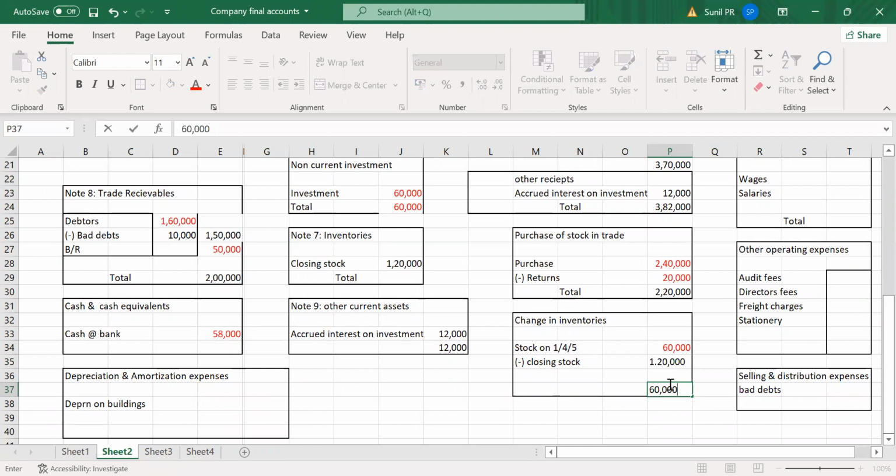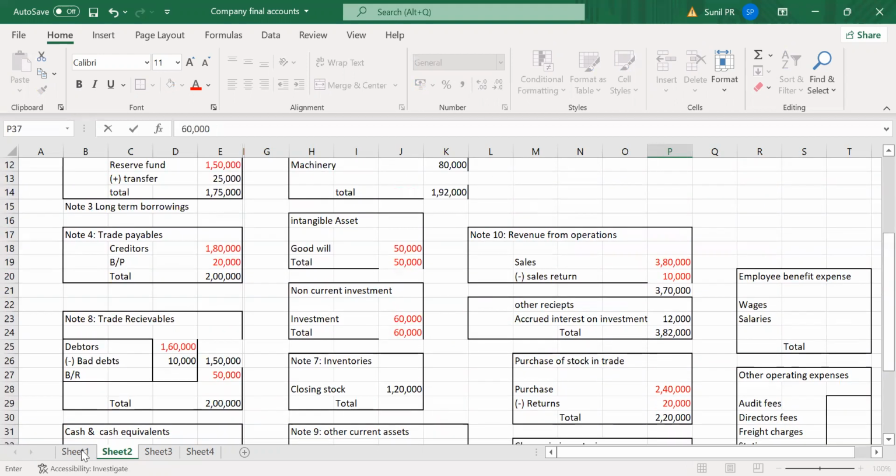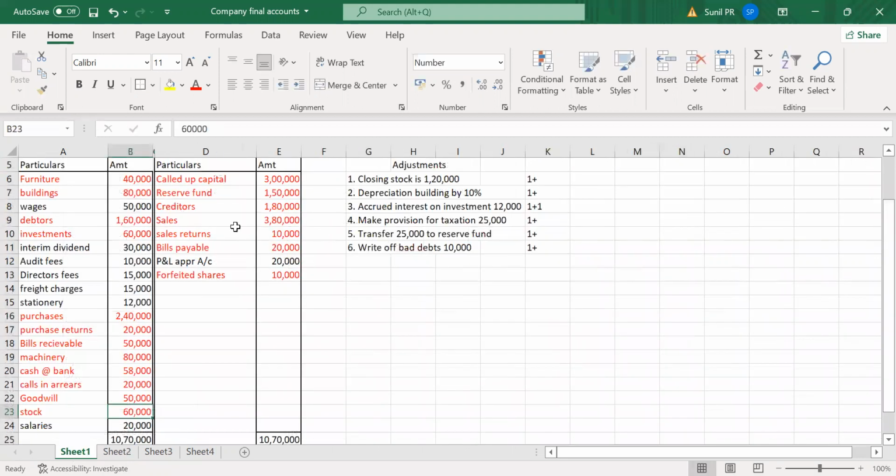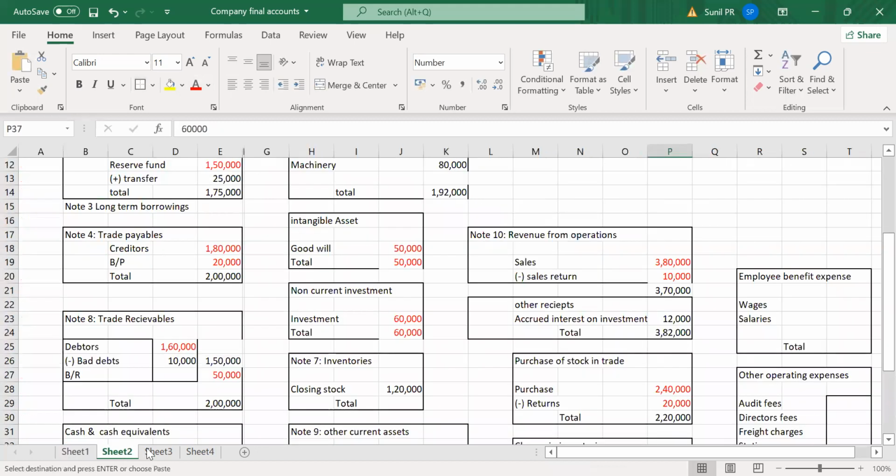Next is employee benefit expenses. Employee benefit expenses is all this wages and salaries. So now you put it here. First you call it wages.